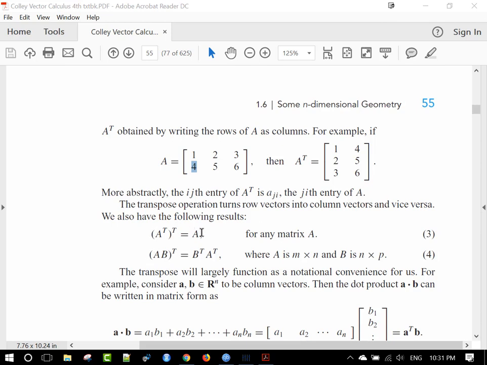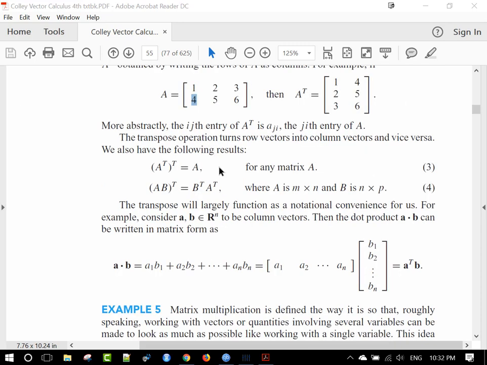This one is almost completely obvious, but this one is not obvious, that AB transpose is equal to B transpose A transpose. So it doesn't look like she proves this, which is a little bit surprising, but maybe later she'll prove it. Or you can try and prove it, or you can look it up and read a proof of it somewhere.